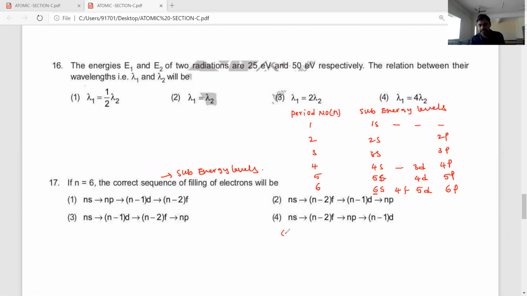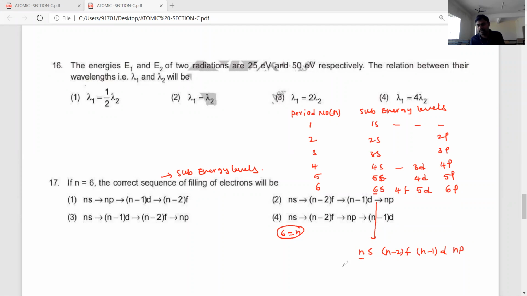If 6 is nothing but n, or n is equal to 6, this is nothing but ns. Then n is equal to 6 means 6 minus, sorry, 6 minus 2 is equal to 4. That is nothing but n minus 2 f, n minus 1 d and np.